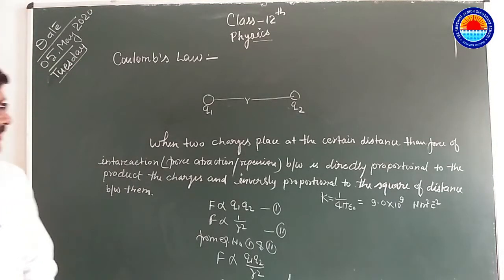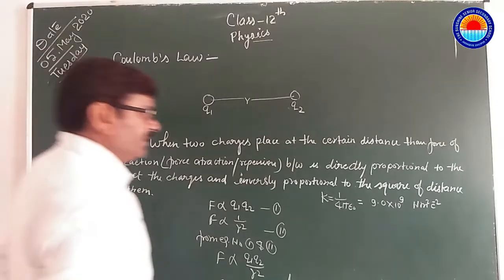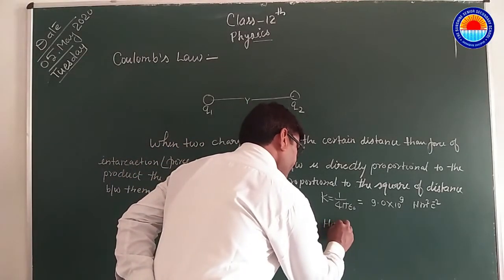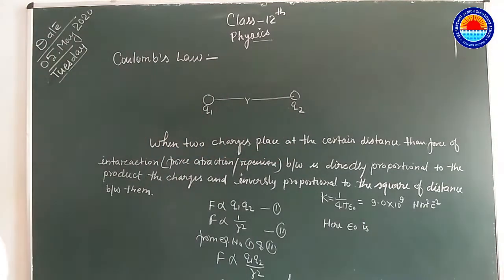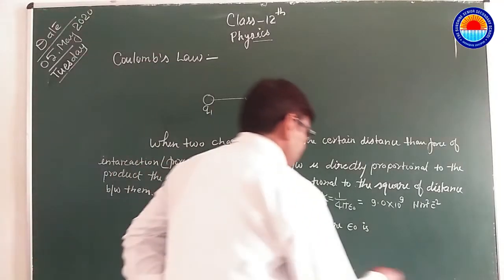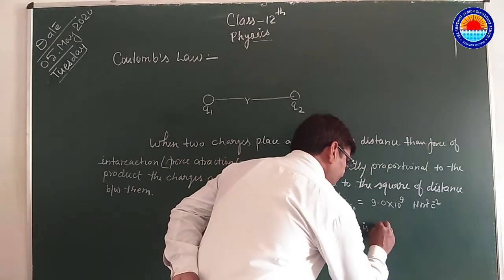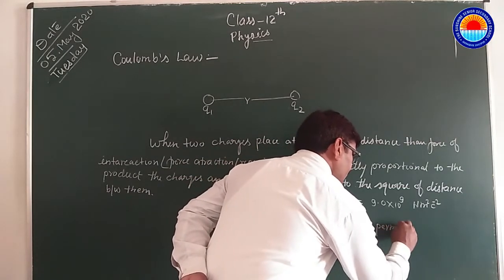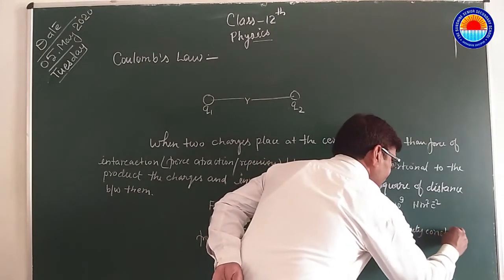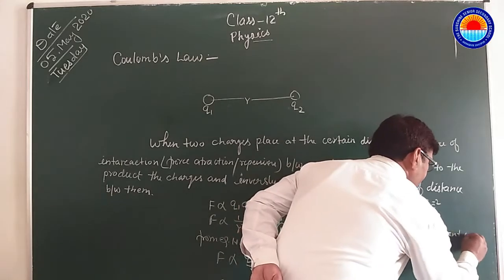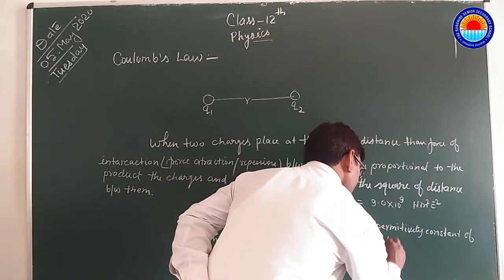Here epsilon naught is known as the permittivity constant of the medium.